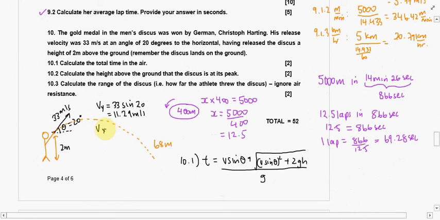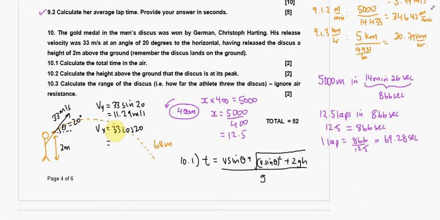The horizontal component is 33 cosine of 20, which is approximately 31 meters per second.